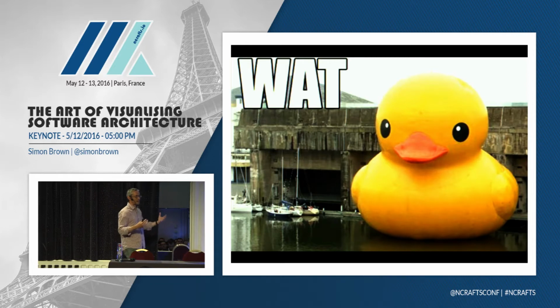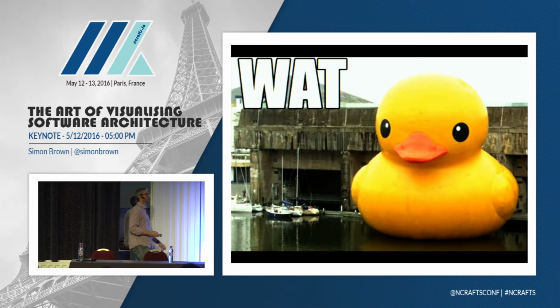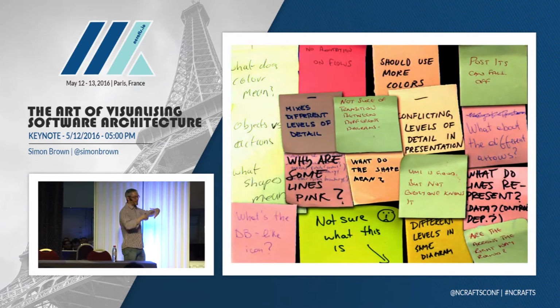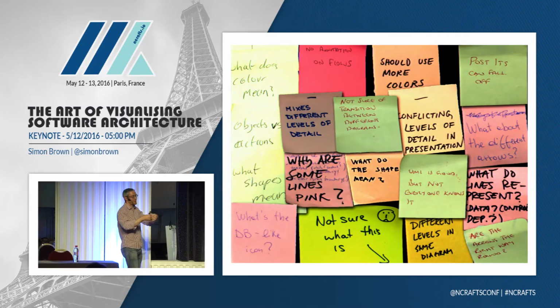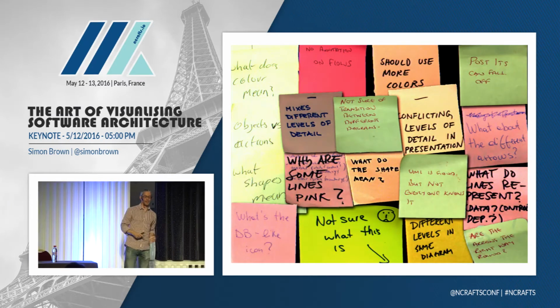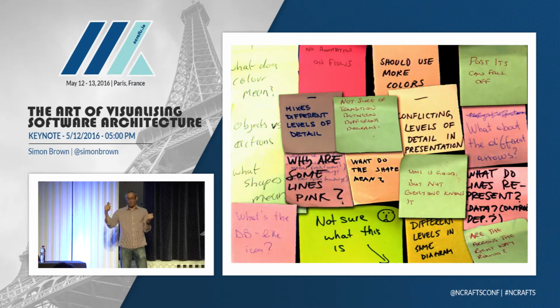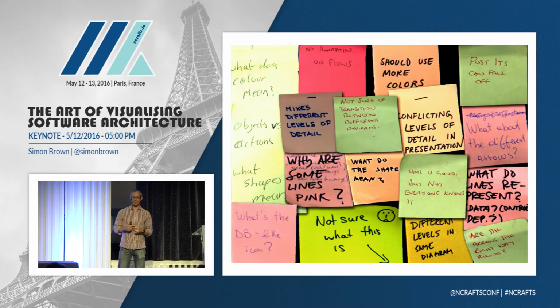And basically, the diagrams make no sense. We asked them to review the diagrams a bit more formally. And they say things like, well, I'm not sure what this shape is. What's the DB, the cylinder icon?